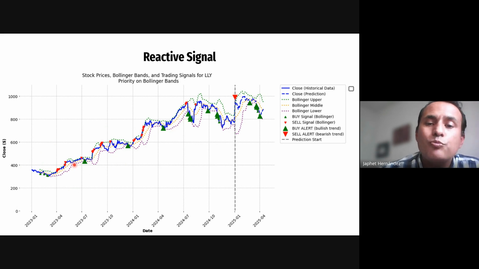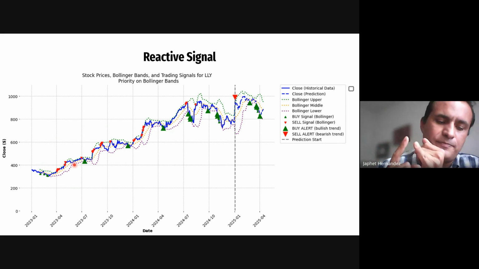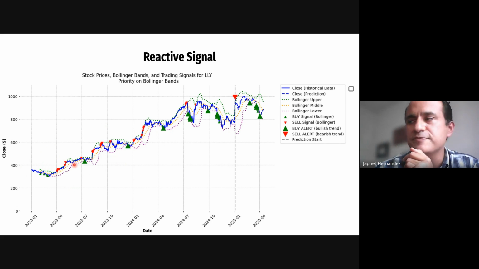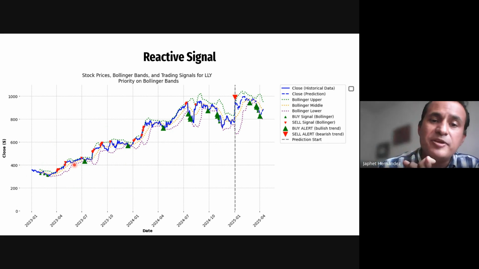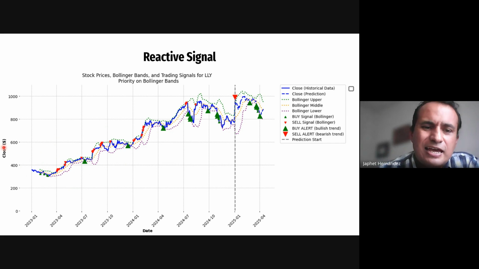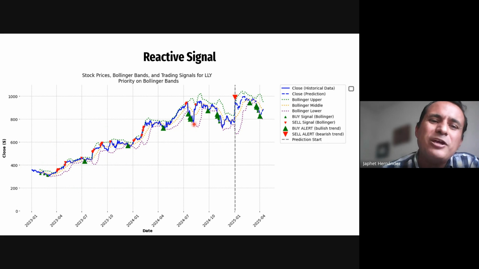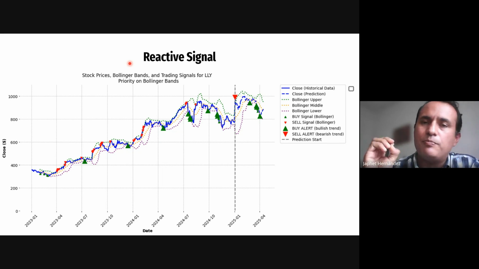But again, we need something to confirm it, and that's why we are going to use the first and second derivatives, and also the moving average. And that's how we are getting a signal that we call a reactive signal, because it is letting you know that you must buy in the very moment.